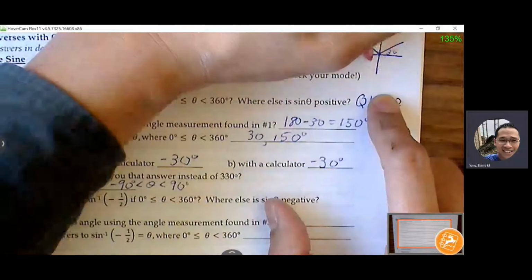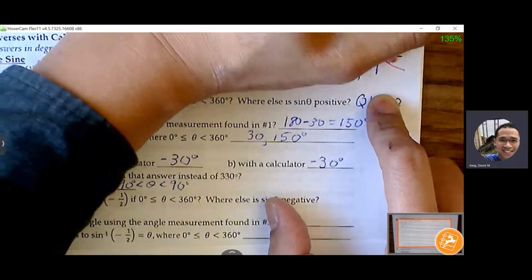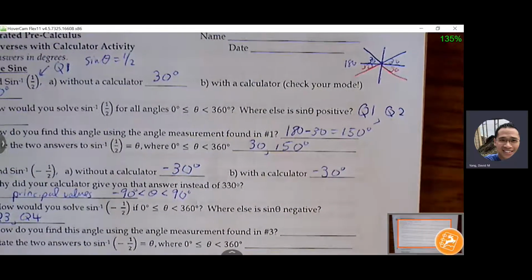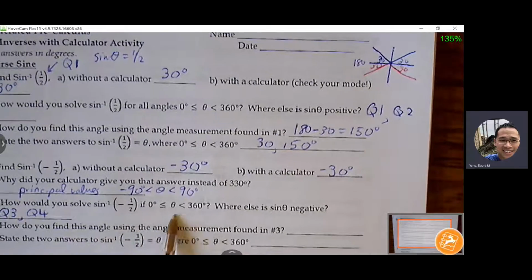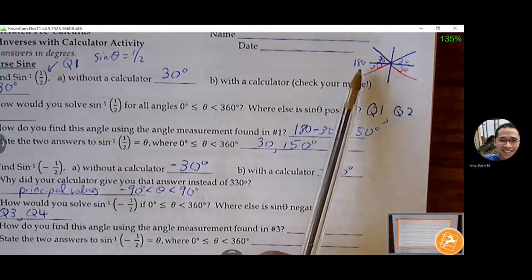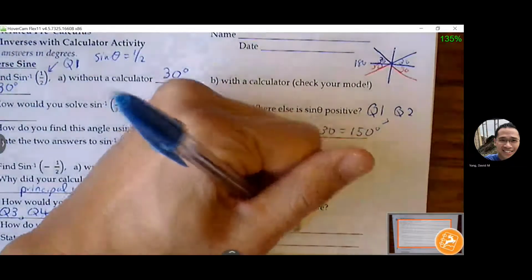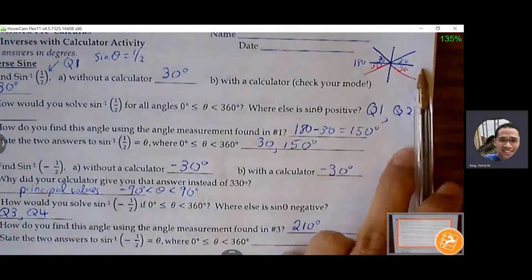If you have the diagram drawn, you can just remind yourself that you're going to be adding 30 degrees from either 180 or from 360, because we want our angle measures to sit between 0 and 360. Okay. So 180 plus 30, 210. And then 360 minus 30.